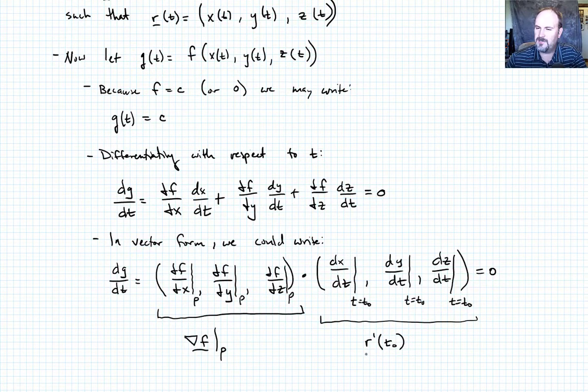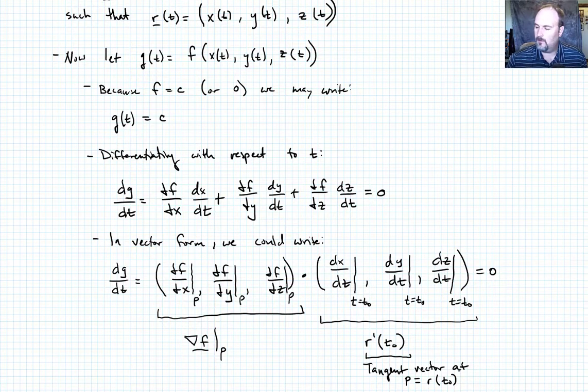If I parameterize a curve and I take its derivative with respect to that parameter, I end up with the tangent vector. So r prime of t naught is the tangent vector at P, the point which is equal to r evaluated at t naught.